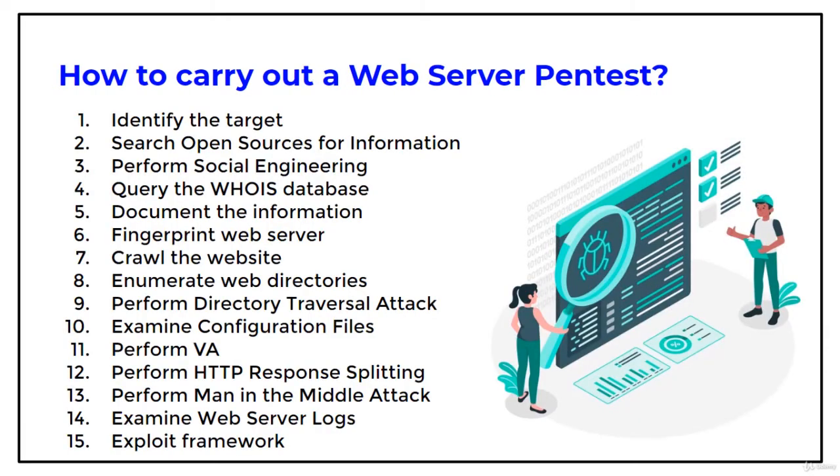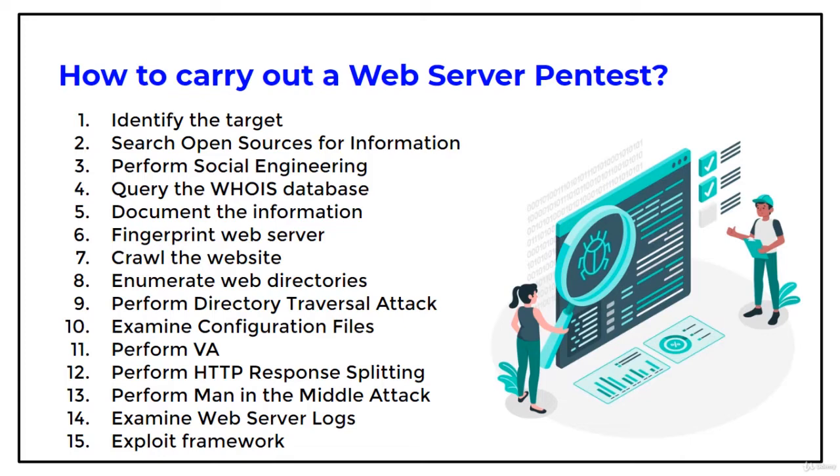Web server pen testing starts with collecting as much information as possible about an organization, ranging from its physical location to operating environment. Now, use social engineering techniques to collect information such as human resources, contact details, and many more that may help in web server authentication testing.